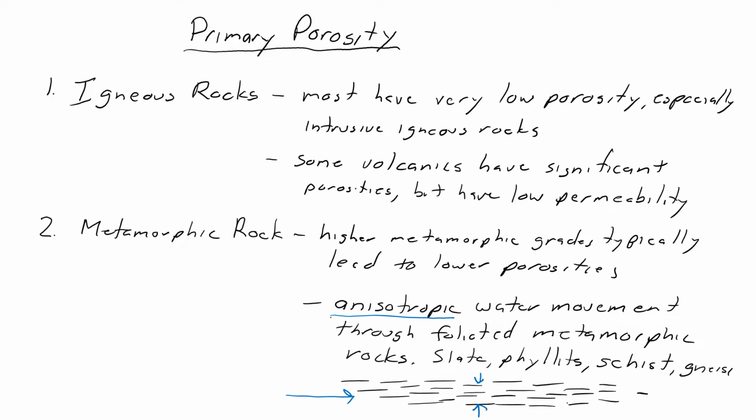You might get preferred flow in certain directions because of the alignment of grains in metamorphic rocks. But the bottom line is that most igneous and metamorphic rocks have low porosities, and therefore, unless they are altered by mountain building or some other process that increases the porosity, they tend not to make very good aquifers.